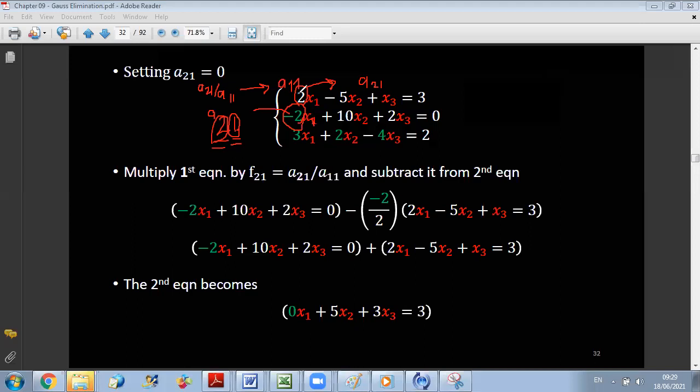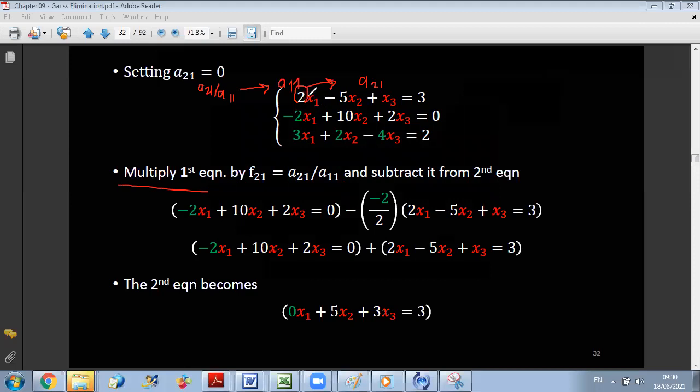This is the idea. So to get this coefficient to be 0, I multiply the first equation by the factor f21. I do this to transform this coefficient to be equal to A21, by multiplying equation 1 by the factor A21 over A11. Then in the next step, I subtract equation 1 from equation 2. When I do this operation, the coefficient of x1 becomes 0.